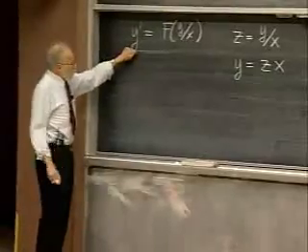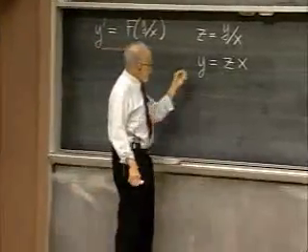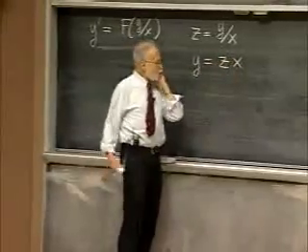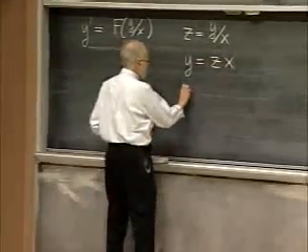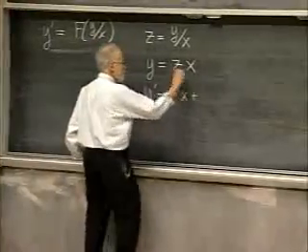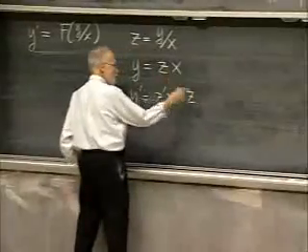I need to know what y prime is. Okay, well then I better know what y is. If I know what y is, do I know what y prime is? Oh, of course. Y prime is z prime x plus z times the derivative of this factor, which is 1.